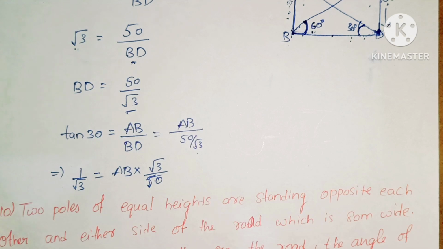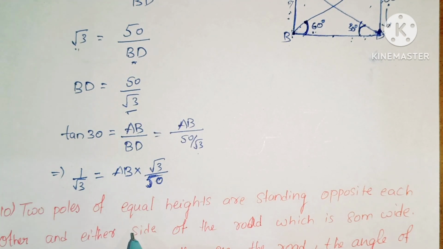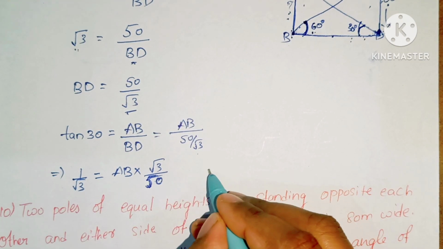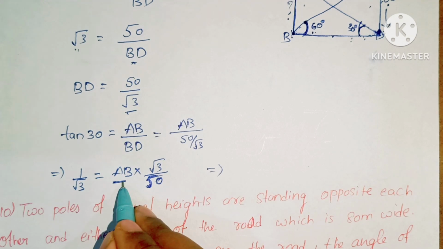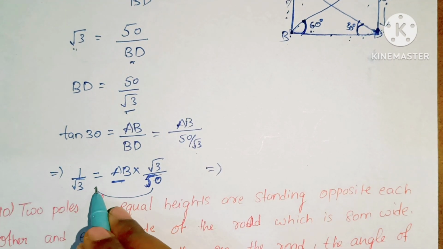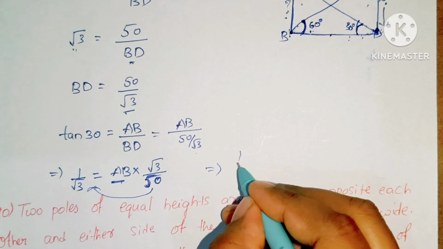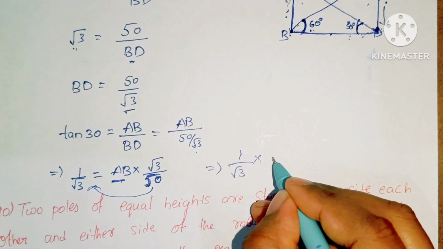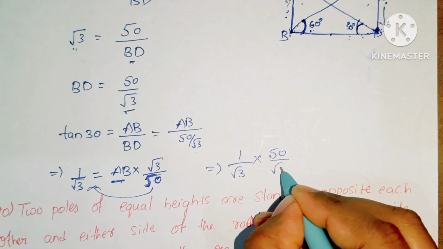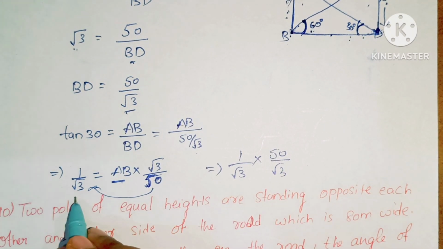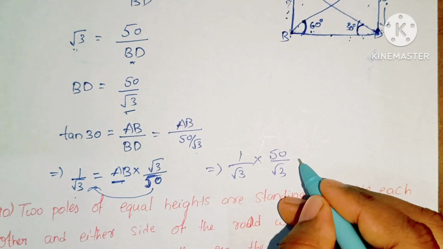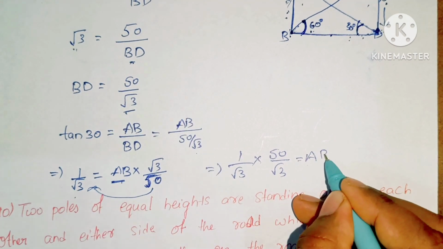Reciprocal. Root 3 by 50. Okay. So now what you want from here? AB. So I transpose root 3 by 50 to the left side. Then what you will get? 1 by root 3 into 50 by root 3. So if root 3 by 50 came this side, it will be reciprocal, equal to AB.